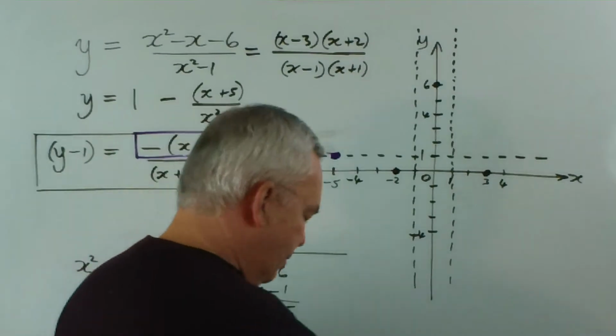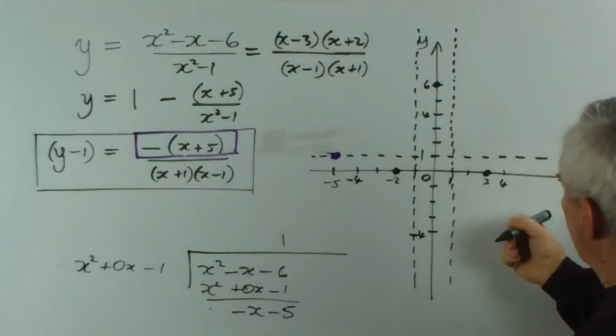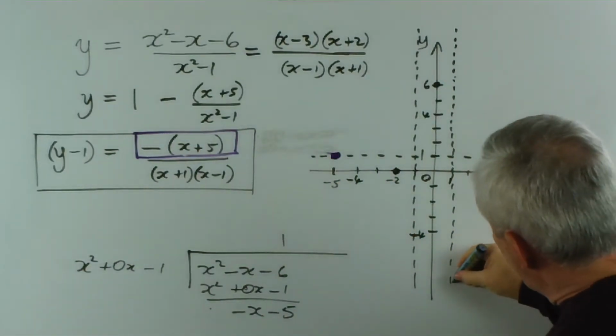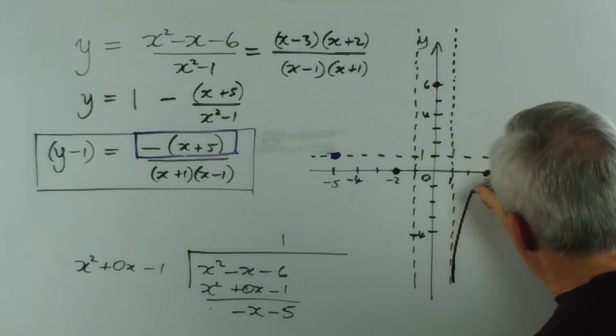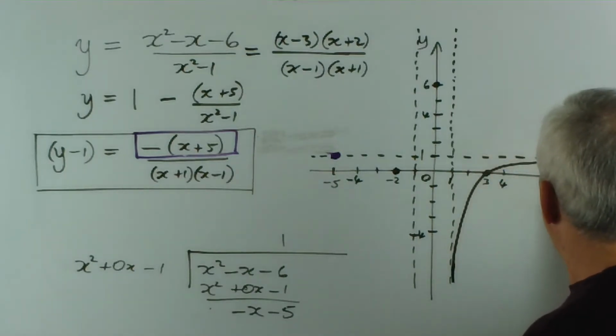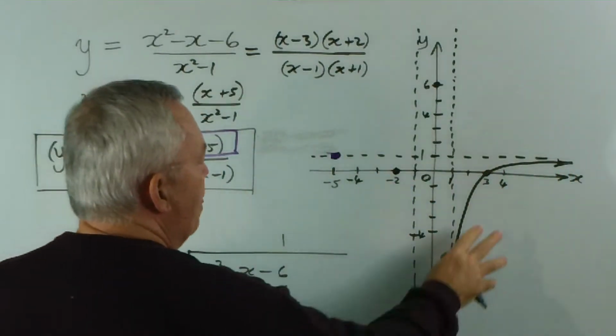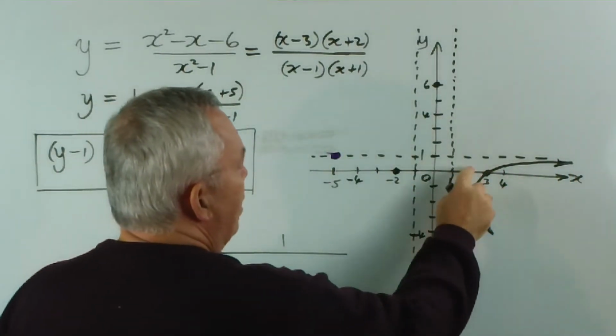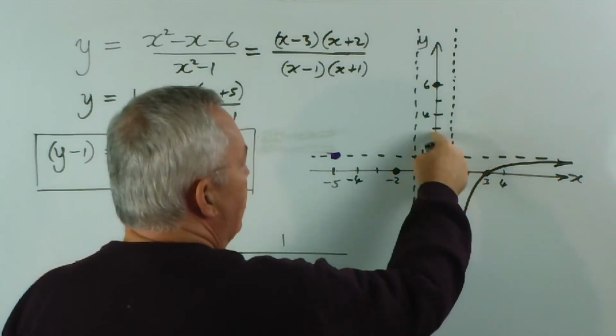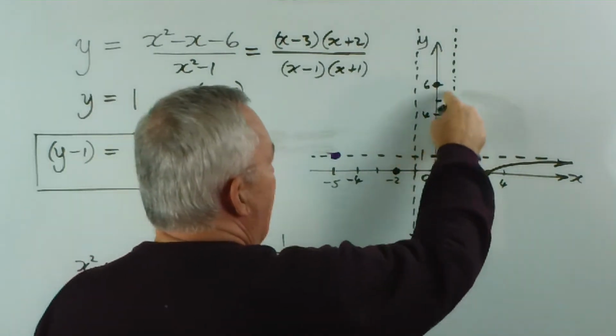Let's draw our graph. Well, as we expected, it's going to be in this section of the curve of the graph. Normal asymptote, so we go diagonally across, and we're going to have an asymptote here.